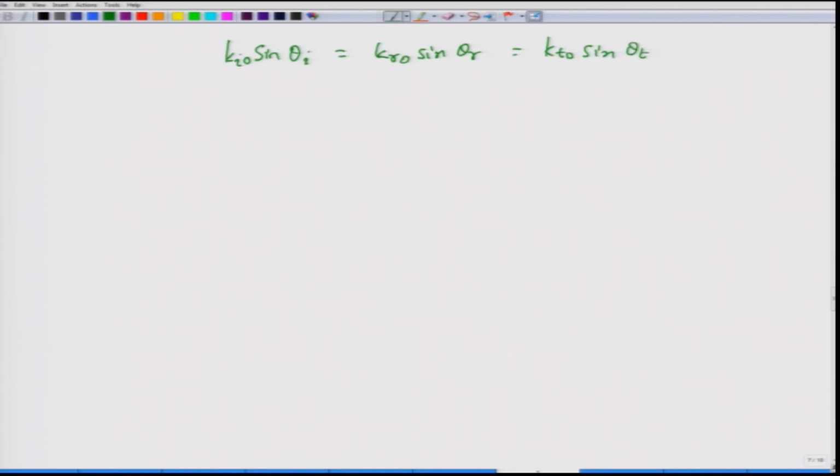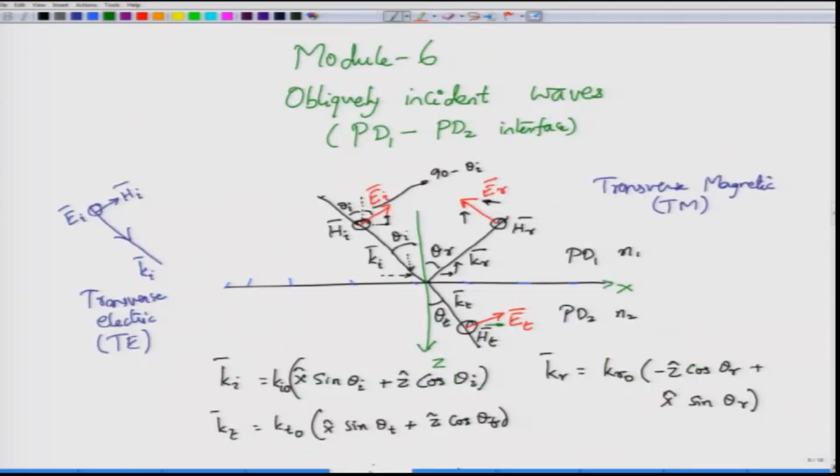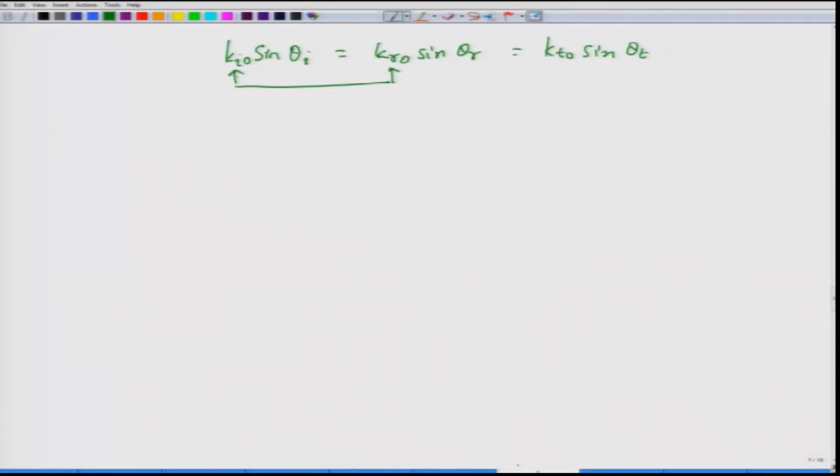Very interestingly, the magnitude of k_i0 will be equal to the magnitude of k_r0. Why? Refer to the previous module. If not, go back to this figure and realize that incident and reflected fields are in the same medium. Therefore, their k vectors depend on the medium properties, which essentially means that their magnitudes are going to be equal. So, if these magnitudes are equal, then the condition is that sin theta r equals sin theta i.